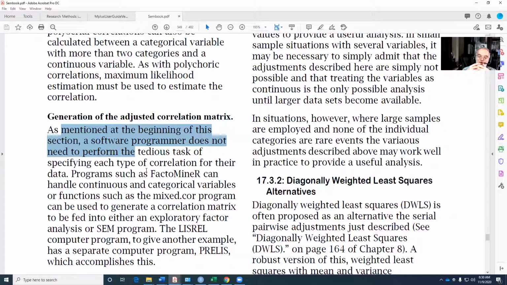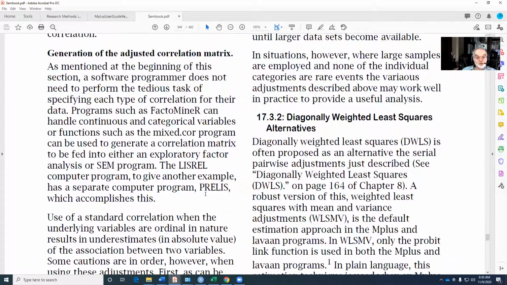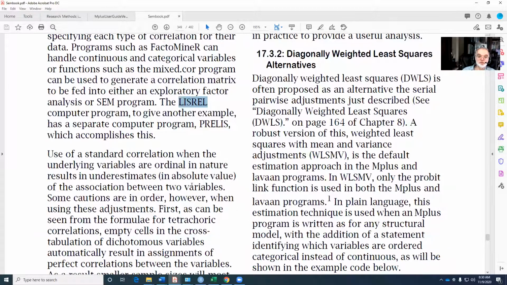If you're using other programs like the FA program, you're going to have to go out and generate this correlation matrix based on your data and feed that correlation matrix into FA. Now, there is old software out there. LISREL is like the first structural equation modeling program out there. There was a program called PRELIS that did that for you, and then PRELIS generated a correlation matrix, and that then passed along to LISREL for SEM analysis.